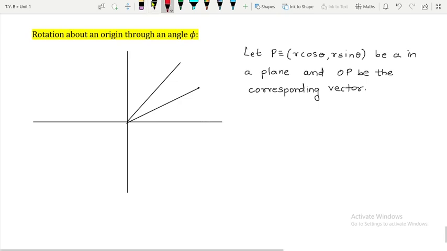So this is a point P. So it is r cos theta, r sin theta. So this modulus is nothing but what? This modulus is r, and the angle made by, I will call origin as O, so angle made by this OP with the positive x-axis is theta. So this is my x-axis and this is my y-axis.